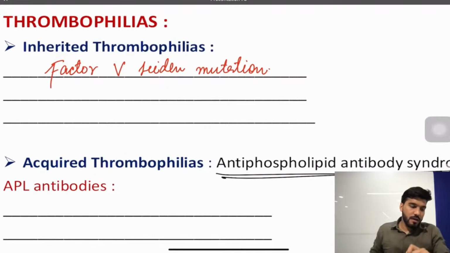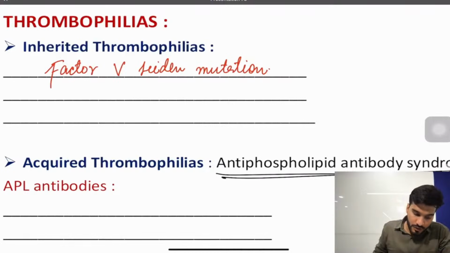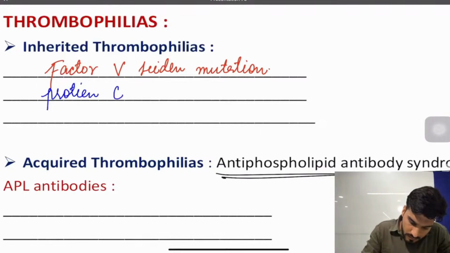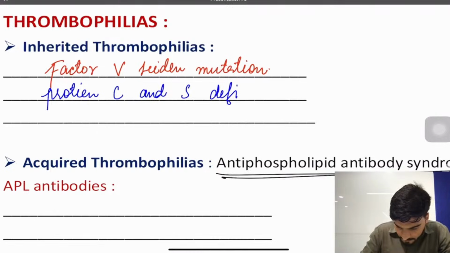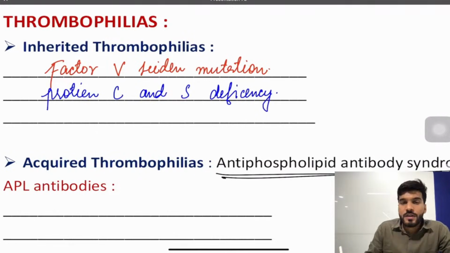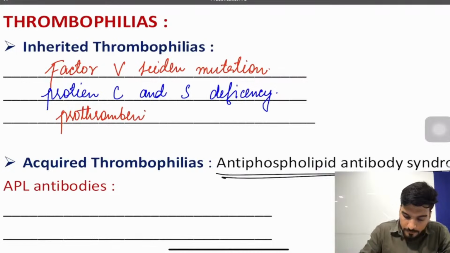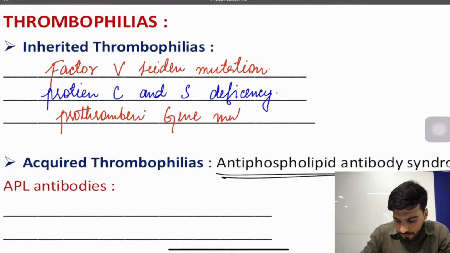Followed by that, patient can have protein C and S deficiency, or patient can have prothrombin gene mutation.